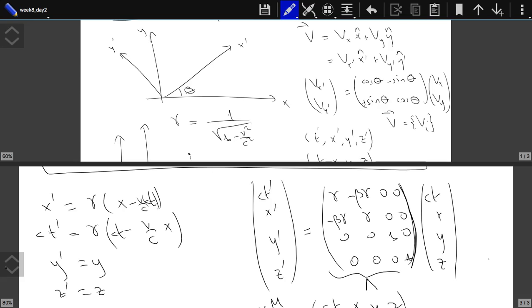These just become 1, you still keep this one, and so it doesn't become the identity matrix. You recover Galilean relativity. Only if v is exactly equal to 0 does this become 1, but that is as it should be. If v is 0, nothing is moving, so the coordinates in one reference frame are the same as in the other because both reference frames are the same.